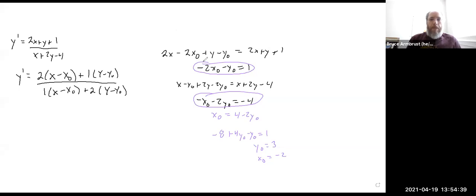So if we go back to this, we have y prime equals (2 times (x plus 2) plus (y minus 3)) over ((x plus 2) plus 2 times (y minus 3)).